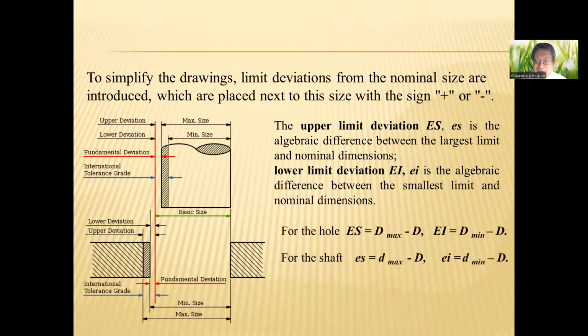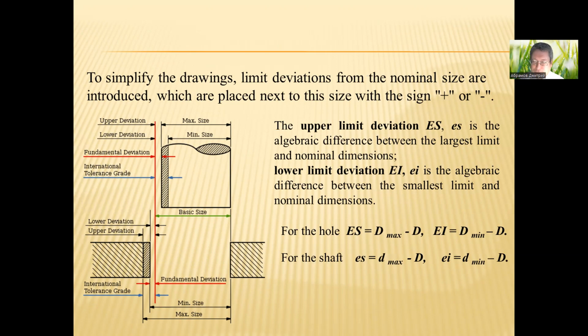The upper limit deviation, big ES and small es, big ES for holes, small es for shafts, is the algebraic difference between the largest limit and nominal dimensions. And the lower limit deviation, big EI and small ei, big EI for holes, small ei for shafts, is the algebraic difference between the smallest limit and nominal dimensions.